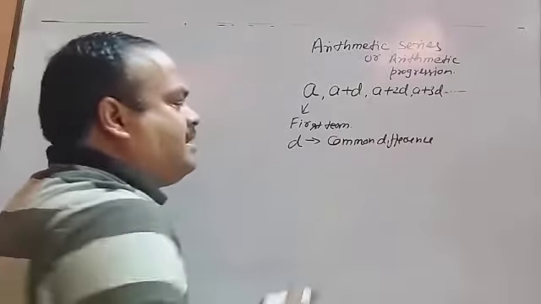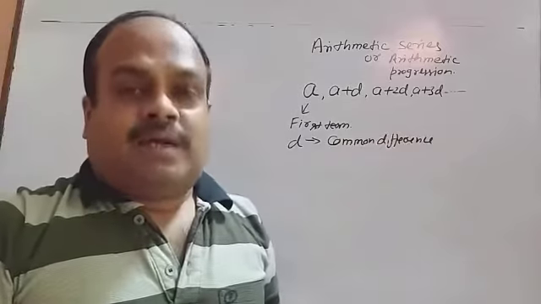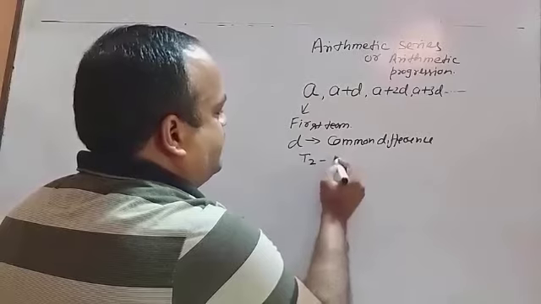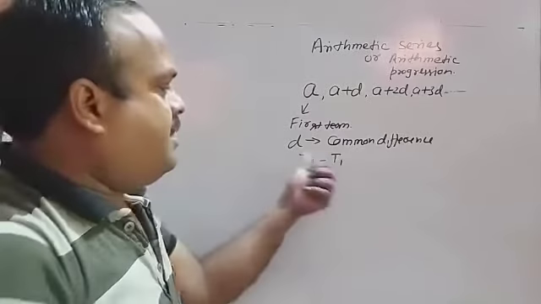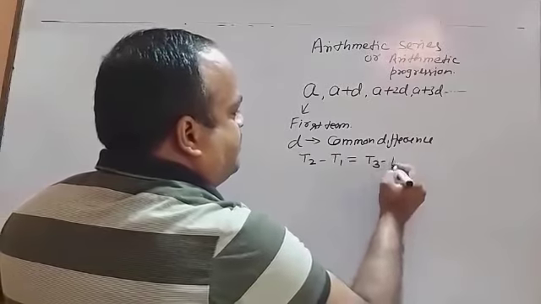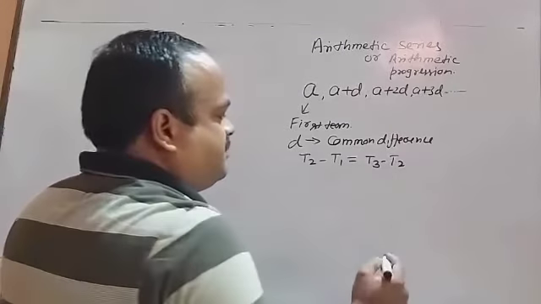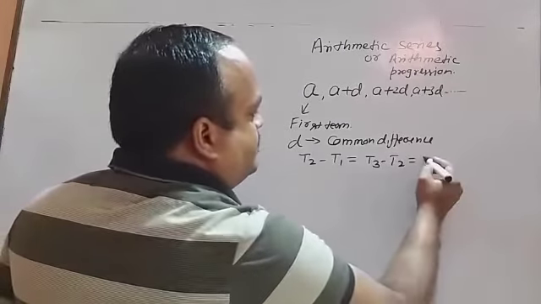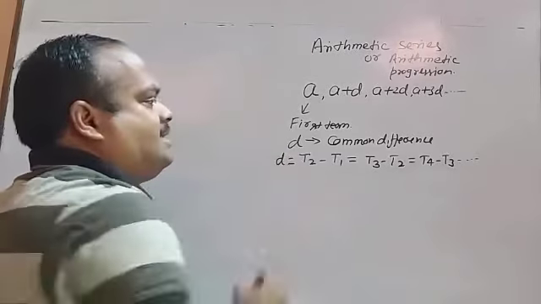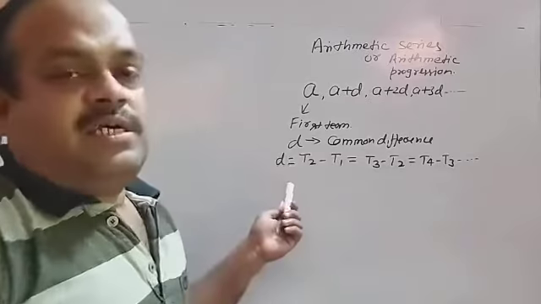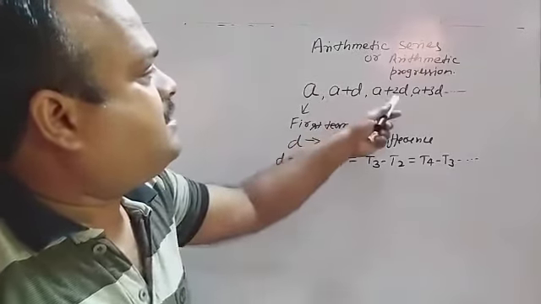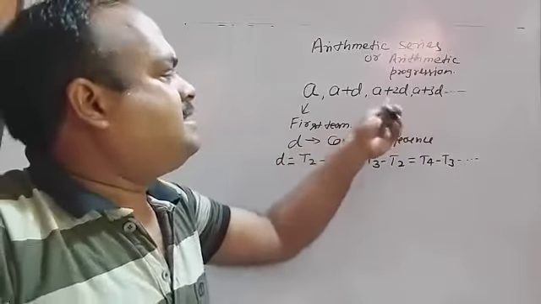And this common difference d we can find out by subtracting the first term from the second term, or the second term from the third term, or the third term from the fourth term, like this. We can find it by second minus first, third minus second, fourth minus third term.